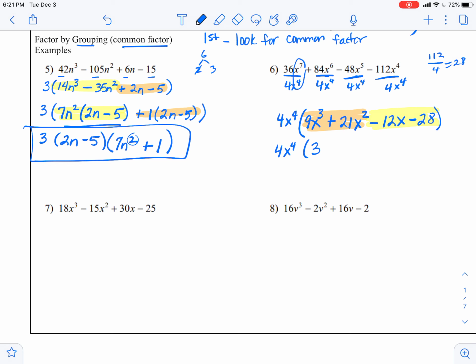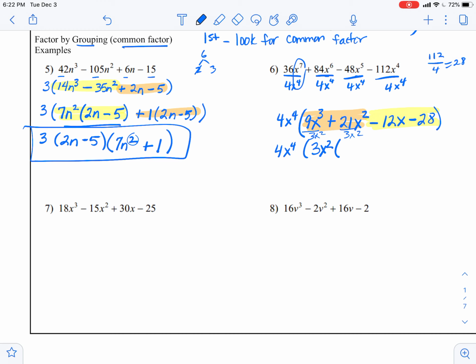And guys, if you don't know your multiplication tables, this is where this really becomes hard, because you've got to be able to kind of multiply and divide in your head quickly. We have an x squared and an x cubed, so remember we take out the smallest. So once I take that out, again, I wouldn't do it necessarily within my problem, but I would probably come over, or you could come under here, 3x squared, you could do that.